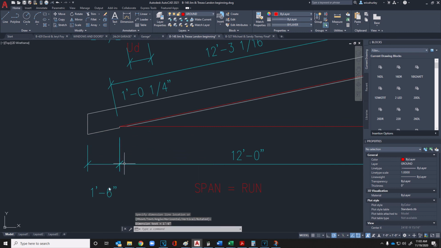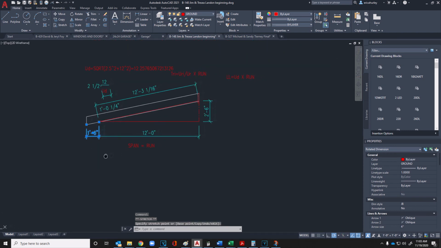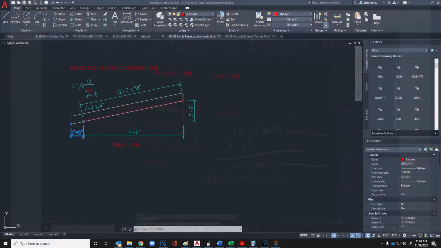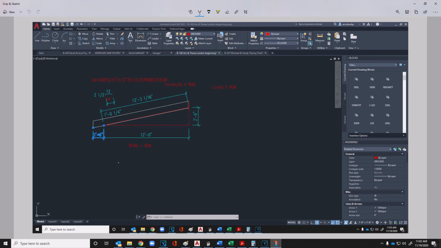All right, so we have an overhang of 1 foot 6. To get our modified run, we're going to take our run, which is 12 feet, and subtract a total of 1.5 inches, and then add our overhang of 1 foot 6 inches.